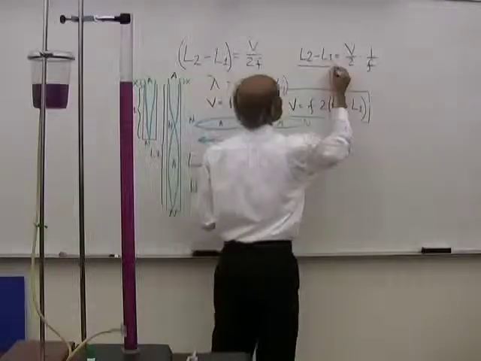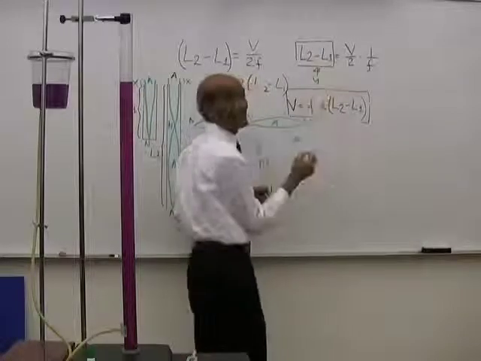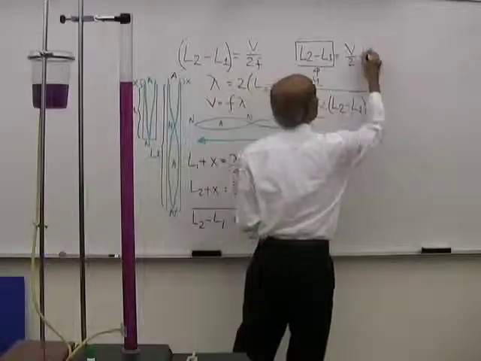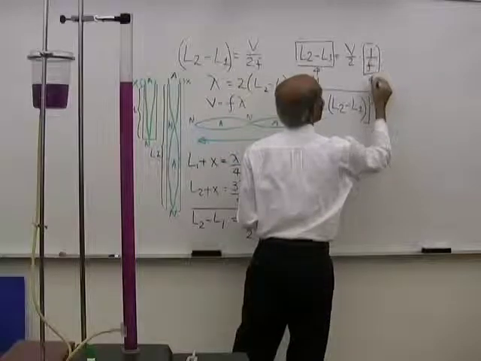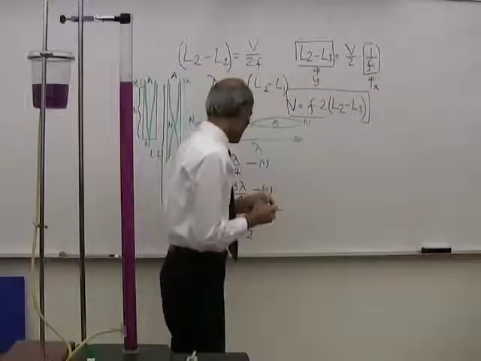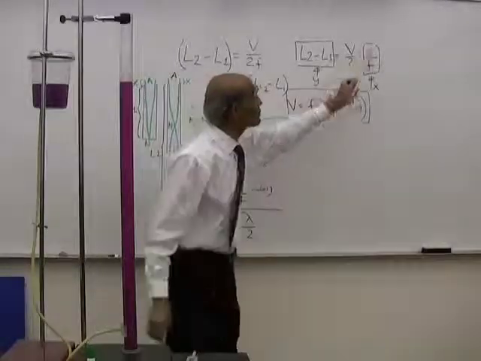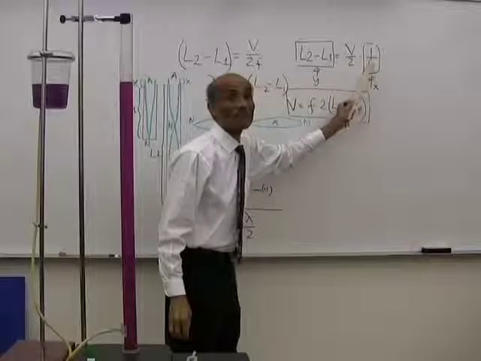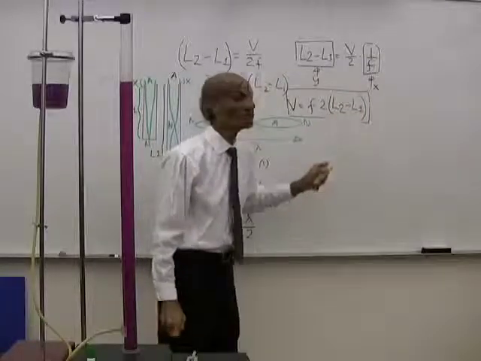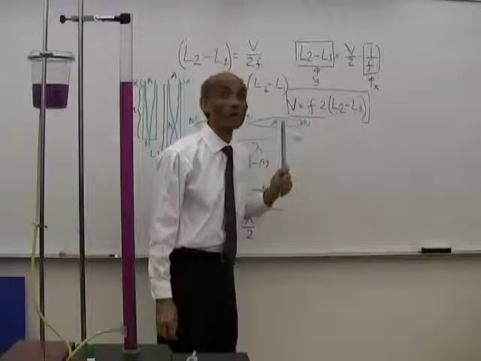Now, this is the dependent variable, that is your y, and this is the independent variable, and that is your x. So, you now draw a graph of 1 over the frequency, 1 over F, on the x-axis, and L2 minus L1 on the y-axis.